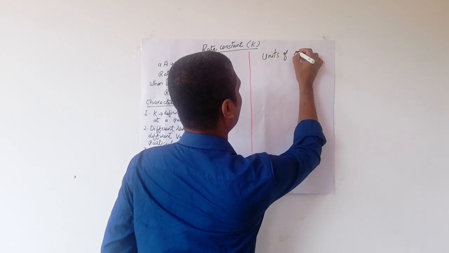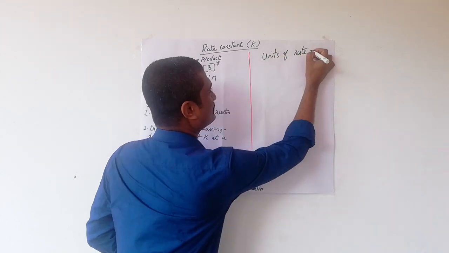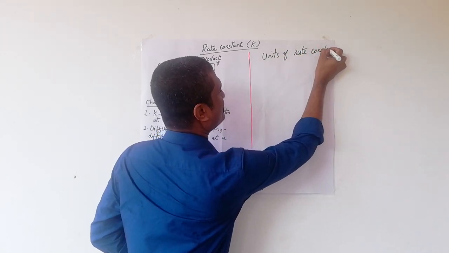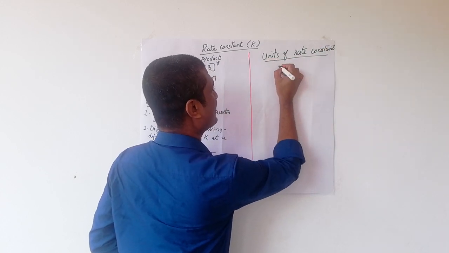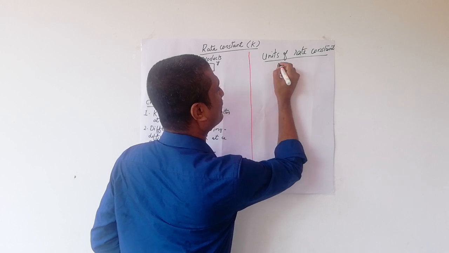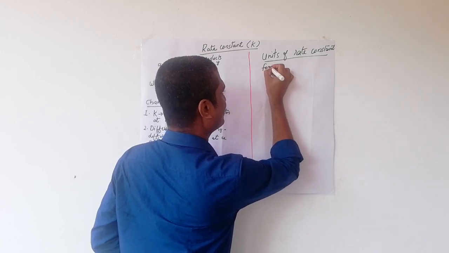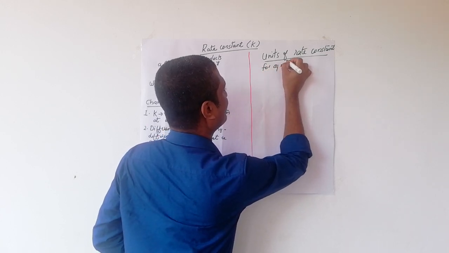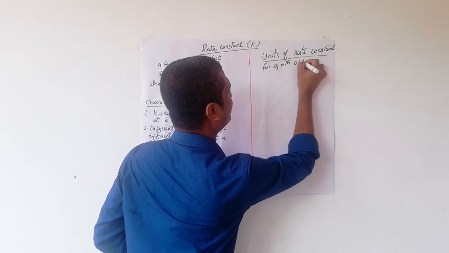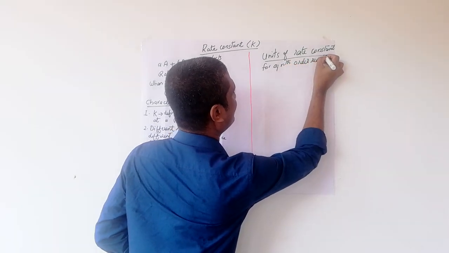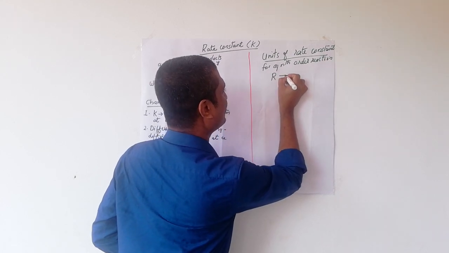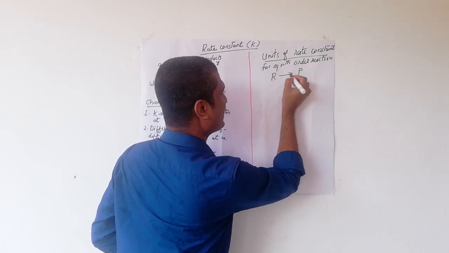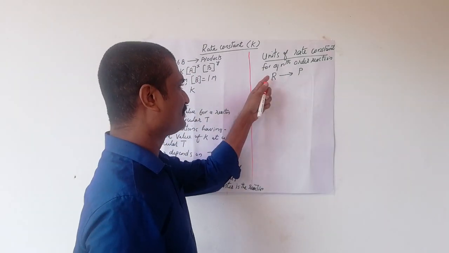Units of rate constant for an nth order reaction. Suppose R gives P, the reactants converted to products.